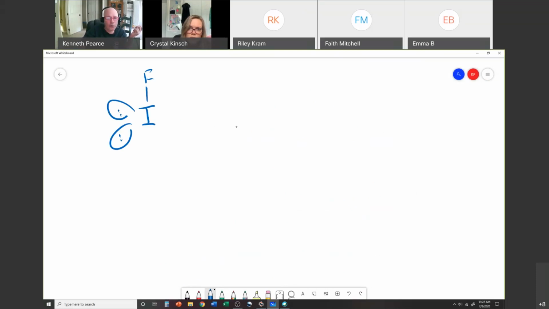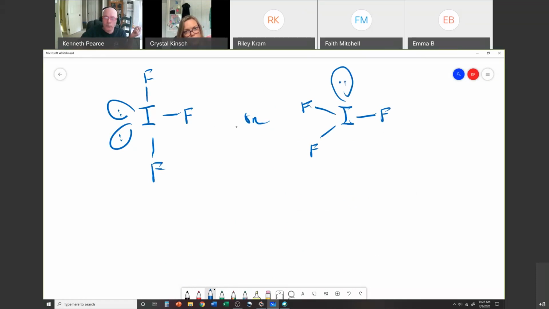All right, and I'm going to draw this T-shaped molecule here. Which one's better?